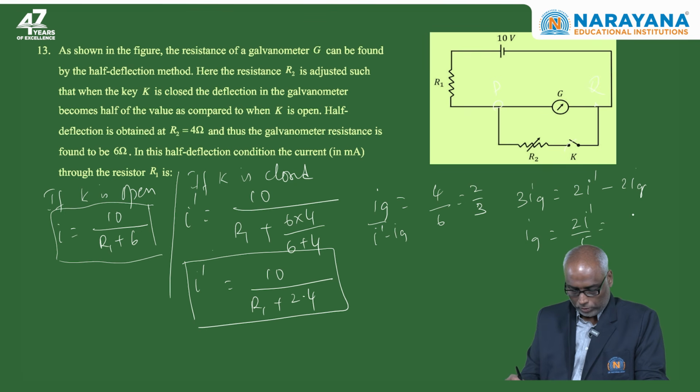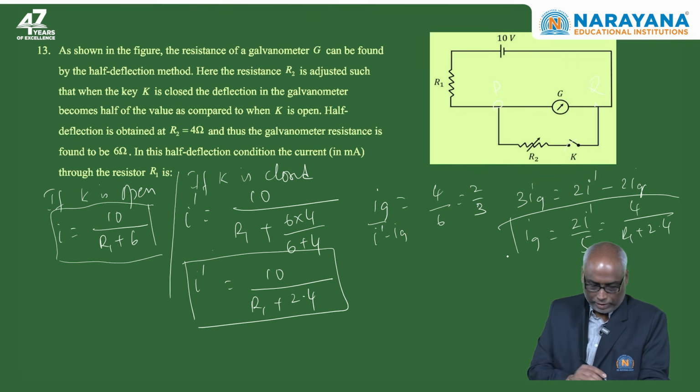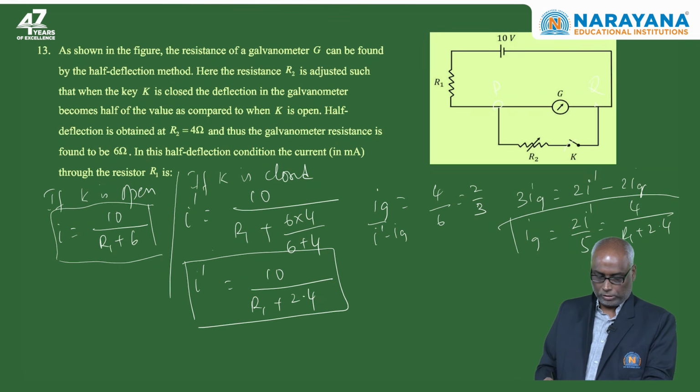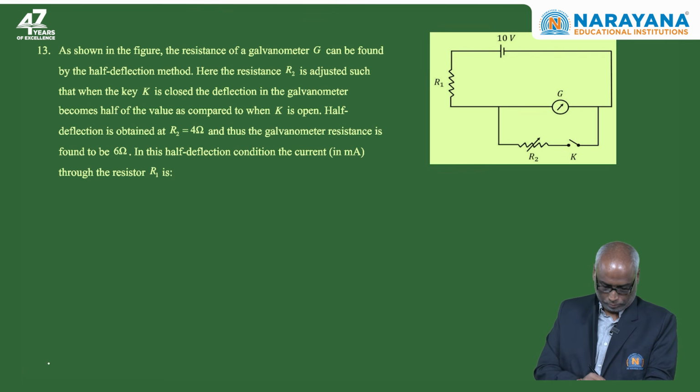That is equal to 2 by 5 of this, 4 divided by R1 plus 2.4. This is the new current through the galvanometer. Earlier, the current through the galvanometer is 10 divided by R1 plus 6. According to the question, Ig is equal to I divided by 2.